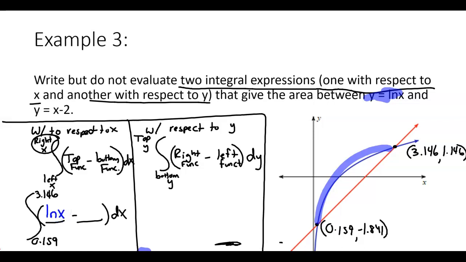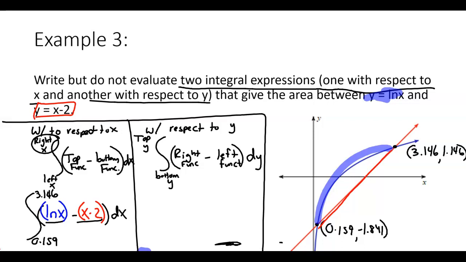Which means that x minus 2 is the red one. It's on the bottom, so it comes last. Parentheses are important, you guys, by the way, because we're subtracting this, which means that negative actually goes to both terms. So you want to put parentheses around these. All right, I'm not going to solve the problem, but there it is. There's how you would find the integral, or the area between those two curves, with respect to x.